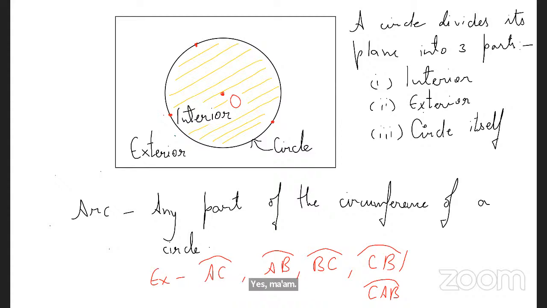Now the region that is formed by joining the interior and the circle is also known as the circular region.